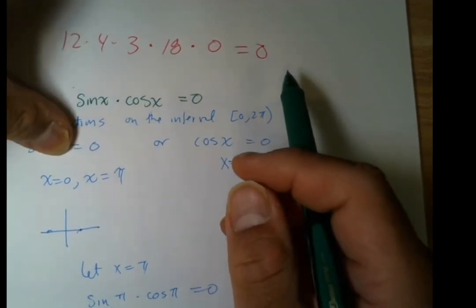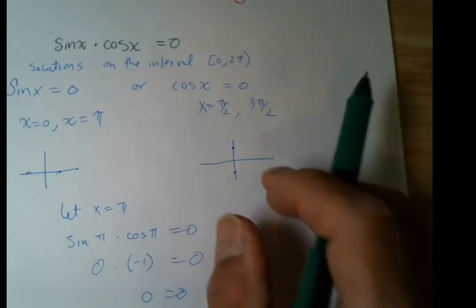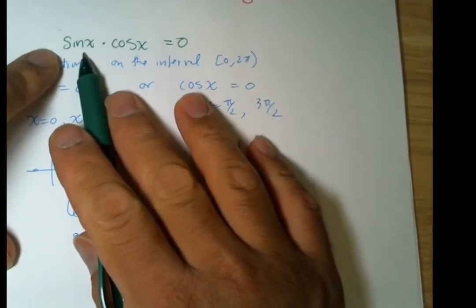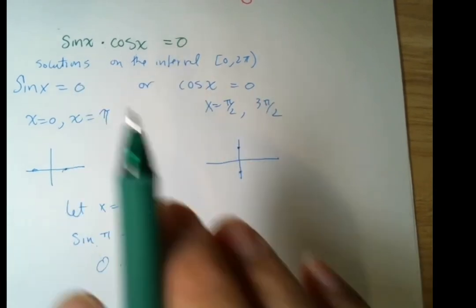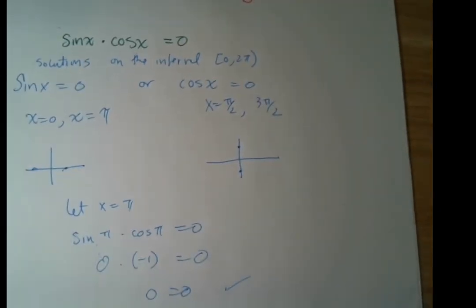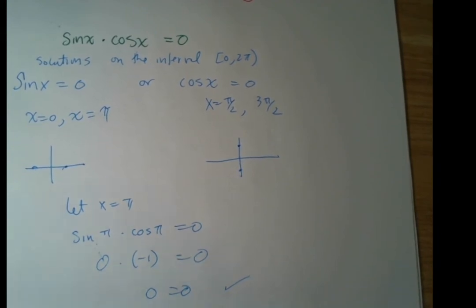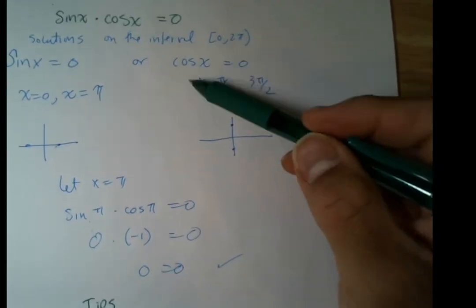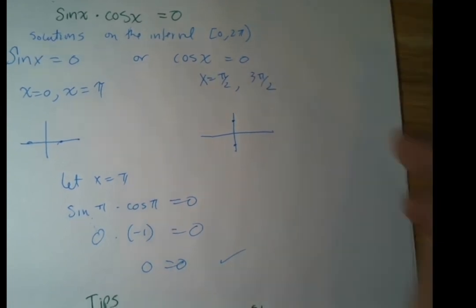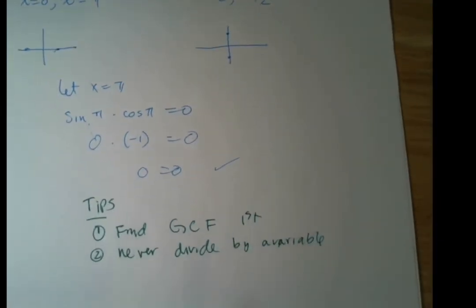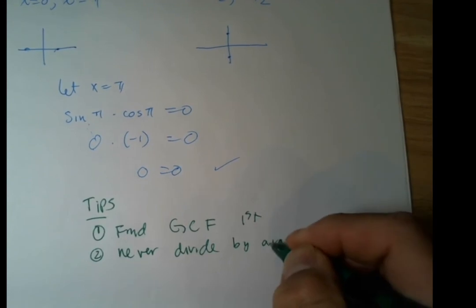Remember, x is unknown, so the expression where x is can be 0, and you don't want to go and divide by 0. Division by 0 is undefined, and especially if we have 0 over 0, I definitely don't know what that is. So never divide by a variable.